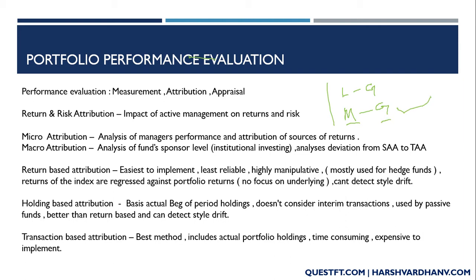Most of his assets are in mid cap growth stocks. So this is a style change. And when can you identify this style change? Only when you do the attribution, micro and macro. So once you do the holding based attribution, you will be able to detect any style difference.